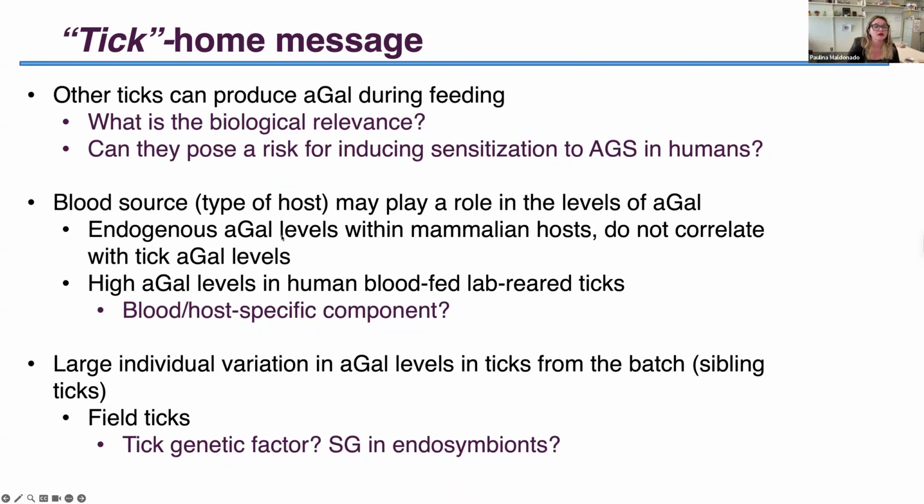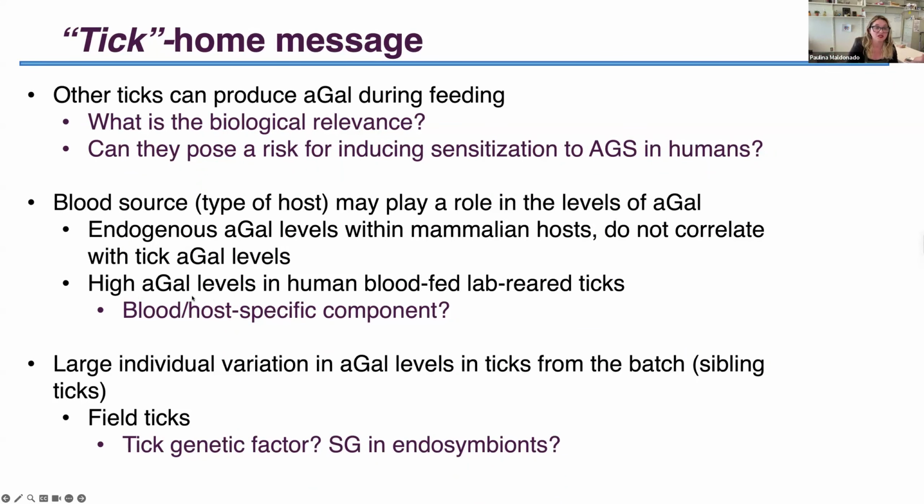Now, endogenous levels of alpha-gal, in the case of bovine blood, for example, actually don't correlate with the alpha-gal levels in the salivary gland of the tick, if that makes sense. So what we see is not one-to-one. It's not like the tick is acquiring a certain amount of alpha-gal in the bovine blood, and it's the same amount that we see in the salivary glands. It is increased. It's much higher in the salivary glands.